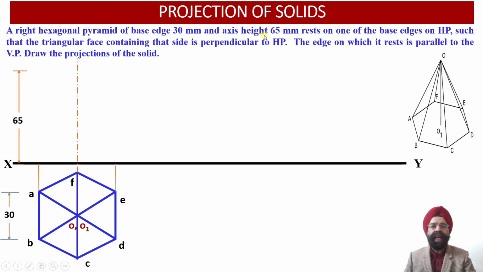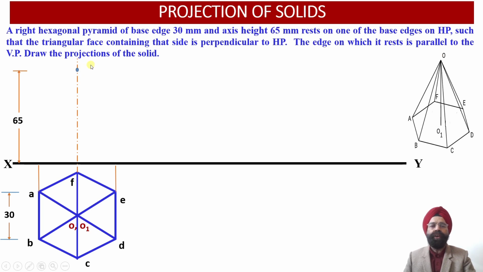Here we know that the axis height of this pyramid is equal to 65 millimeter. So we have marked this axis height equal to 65 millimeter over here. Here we have the apex O. Once we mark the axis height of 65, the apex point O dash has been located.